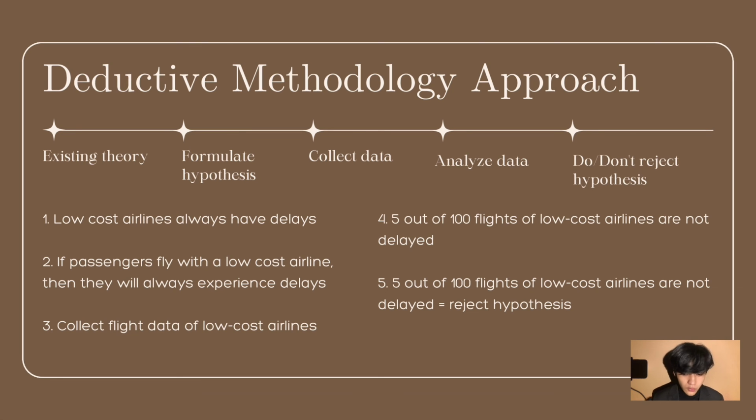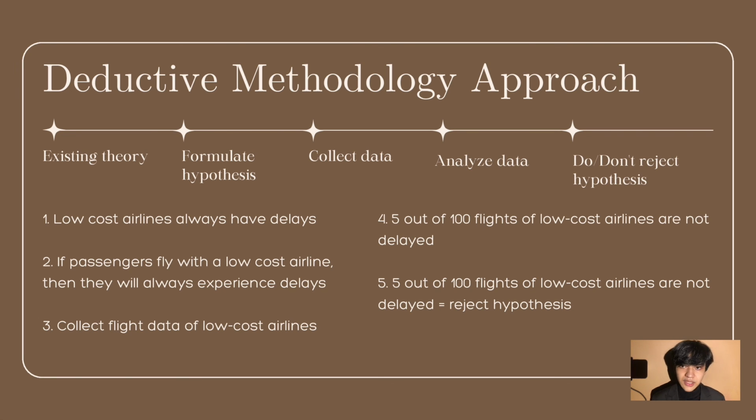To prove his hypothesis, he has to collect data. He has to collect flight data of low-cost airlines. Once he has collected all the data, he has to analyze them. Once the data are analyzed, he notices that 5 out of 100 flights of low-cost airlines are not delayed.